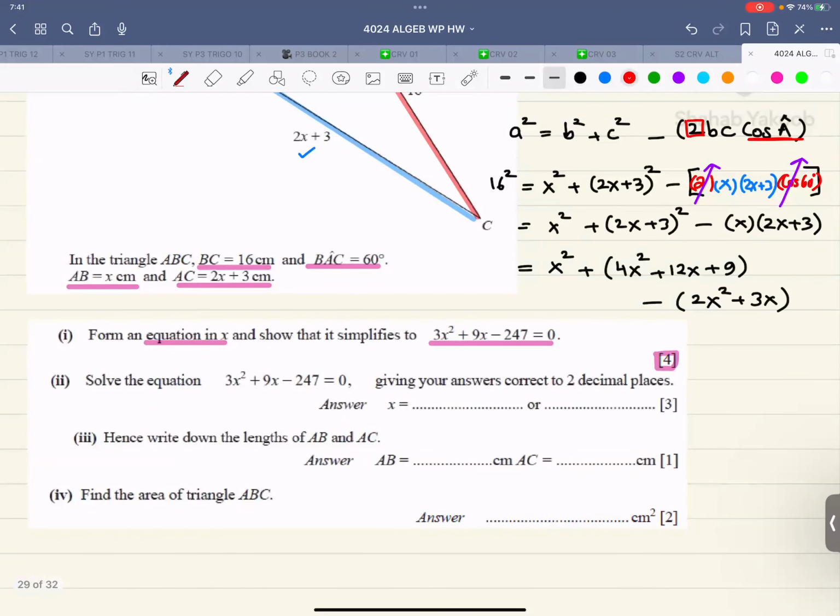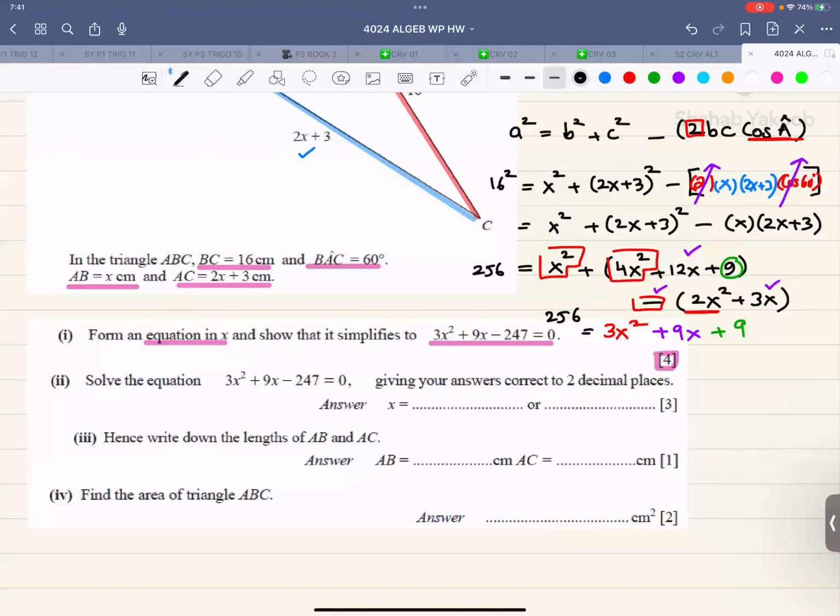So we have X squared, we have 4X squared, we have negative 2X squared. So 5 minus 2, that's 3X squared. What else is there? We have 12X and then a negative 3X, that is 9X. And then we have this 9 as it is. And this is equaling how much? 16 squared, which is 256.